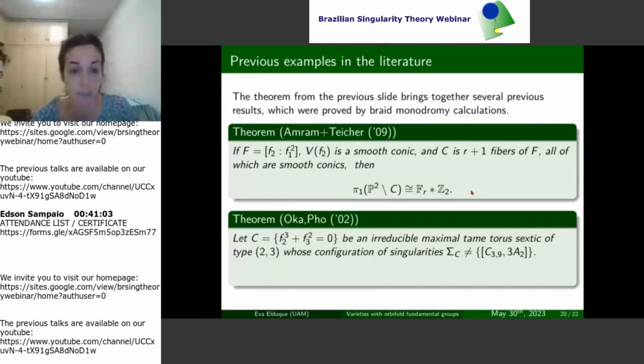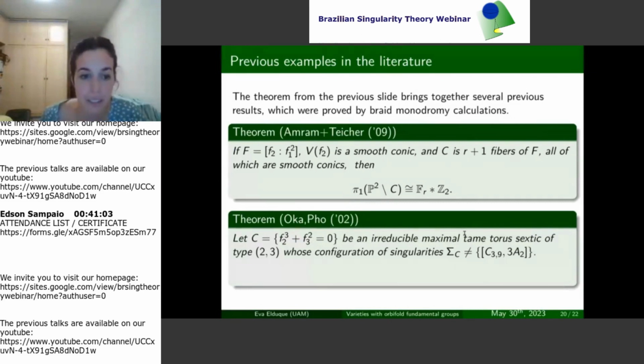And another thing is that Fo has this beautiful paper where he classifies all irreducible maximal tame torus sextics of type 2-3. So what that means is, a torus sextic of type 2-3 is the zero set of something that looks like this: a degree 2 polynomial to the 3, a degree 3 polynomial to the 2, plus something in the middle.